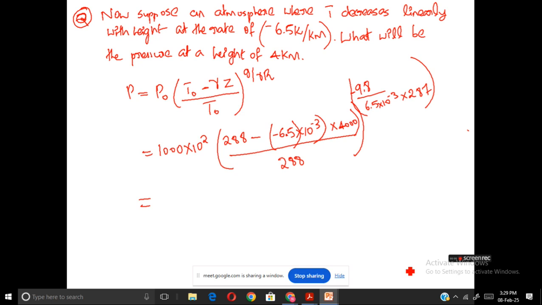I am not going to solve the question. You guys can take your time, solve it, and then see what is the difference between the values that we are getting.